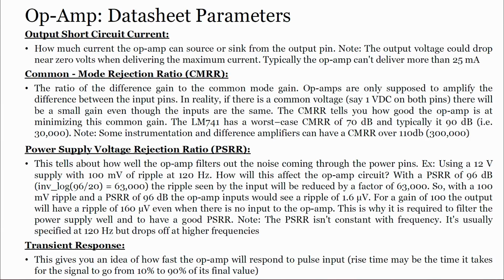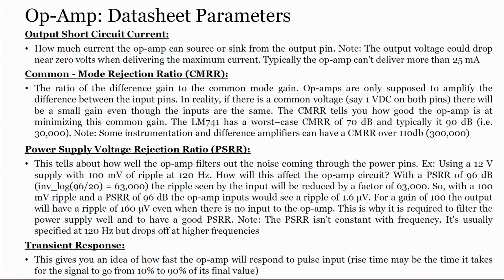If you talk about the LM741, the worst case CMRR is 70 dB, while typically it is about 90 dB. Some instrumentation and differential amplifiers can have a CMRR over 110 dB, that is about 300,000, very high CMRR, excellent for the operational amplifier to be used as an amplifying circuit.